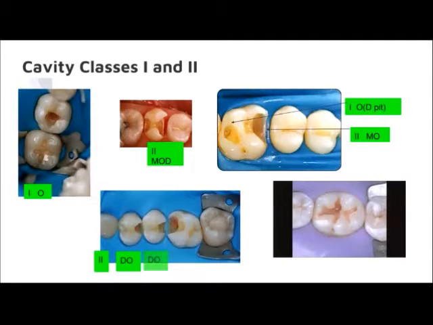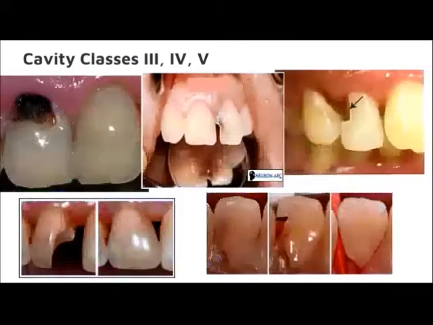We have DO, DO, and MO. And then we have buccal and occlusal, class 1s. So you can go back through these to quiz yourself, because if you're doing this in present mode, it will not give you the answers till you click.